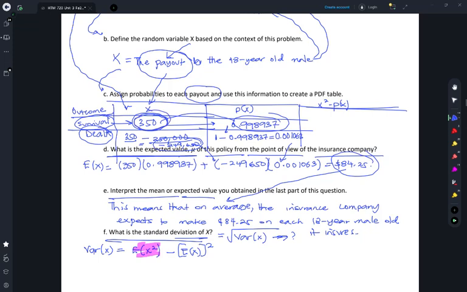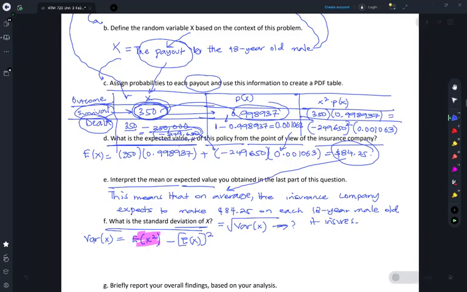In other words, you have x squared multiplied by p of x. We have 350 squared multiplied by 0.998937, and the next one will be negative 249,650 squared multiplied by 0.001063. So we'll get two different values.